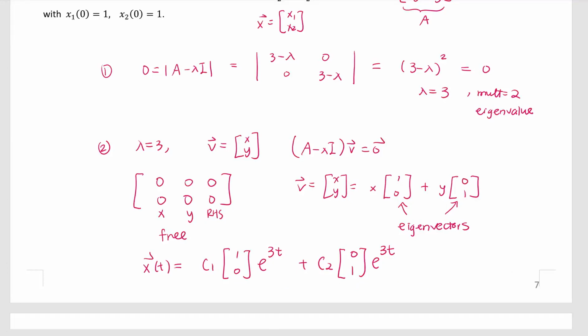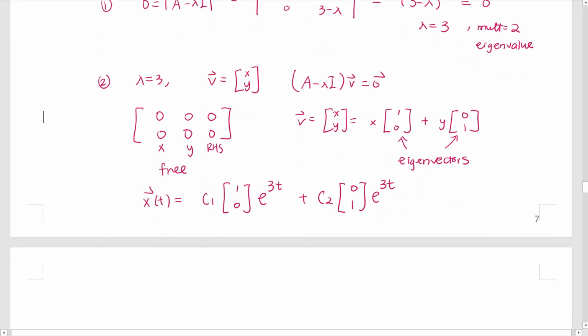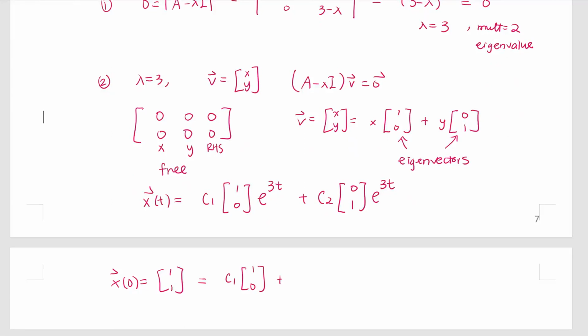So far, so good, everybody. And we can also solve for the coefficients C1 and C2 because here x1 and x2 are both 1. So we plug in x of 0 is (1, 1). Plugging in t is 0, we get C1 times (1, 0) plus C2 times (0, 1). Oh, so both C1 and C2 are just 1, right?